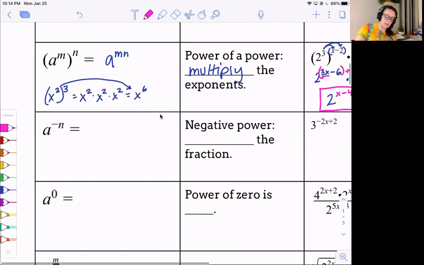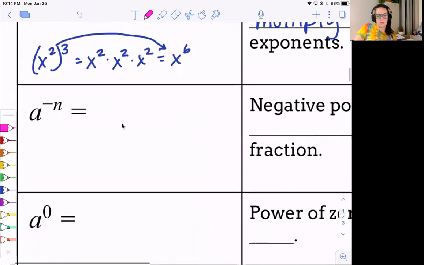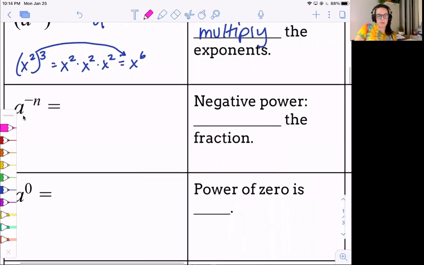Cool. For the next one, we have a negative power. So we have a to the power of negative n, right? The colloquial way I would say this is just flip the fraction, right? So since this is technically on top, it's going to move to the bottom. It's going to become 1 over a to the n, right? Notice that negative drops off and it moves to the bottom of a fraction.